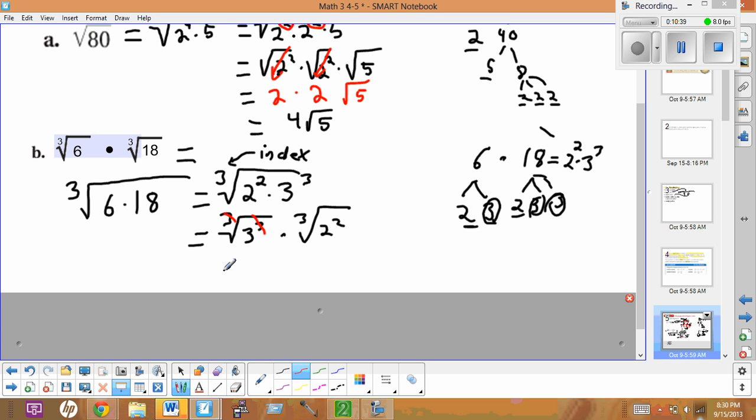These guys are inverse operations, so they go away. And I'm left with 3 times, and since he's 2 squared, 2 is less than 3, so he stays underneath the radical. So I'm going to write him back as the cube root of 2 times 2, or 4. And now we're simplified.